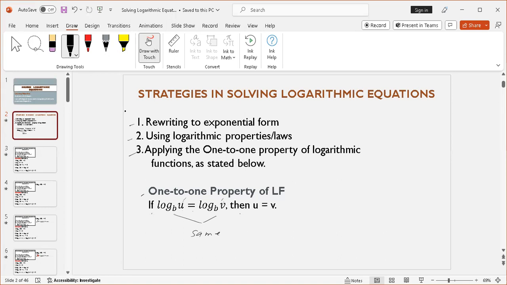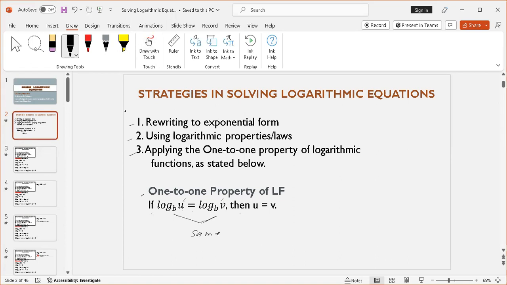What does it mean? It states that if log of u to the base b is equal to log of v to the base b, then u is equal to v. So what does it mean? If the bases are equal or are the same, then you may equate u to v.